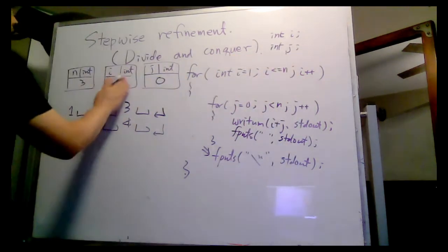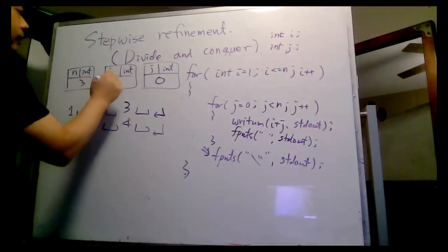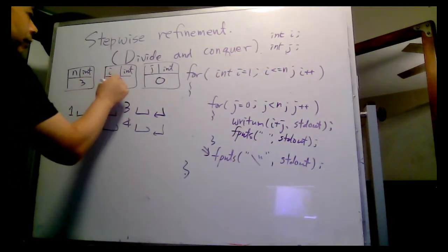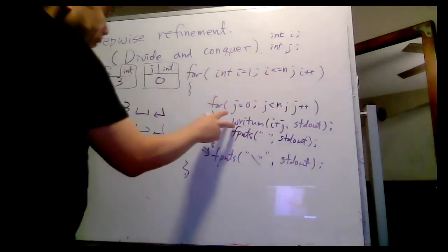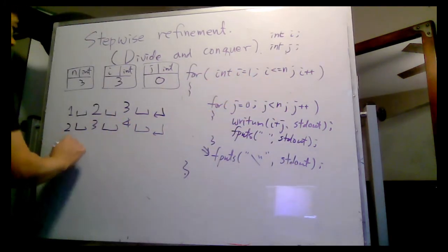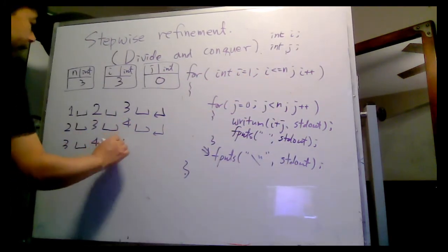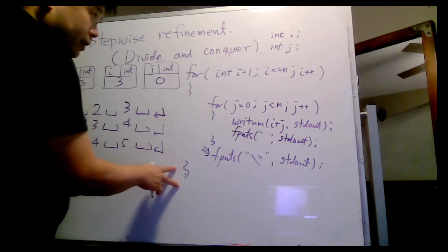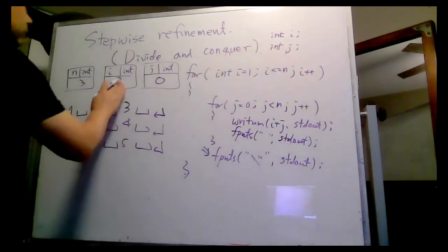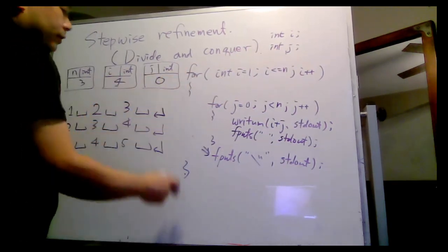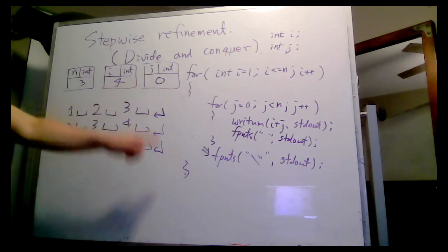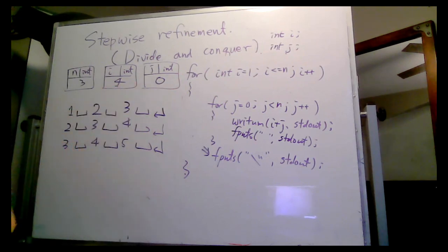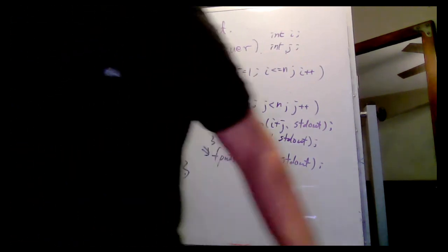So that's basically what? 3. This is still true. You go there, and then 3, 4, 5 is printed out. And then you go there, and then i++ makes it 4. Now this is false, so you exit the loop. So that's basically how things are done with the nested loop.